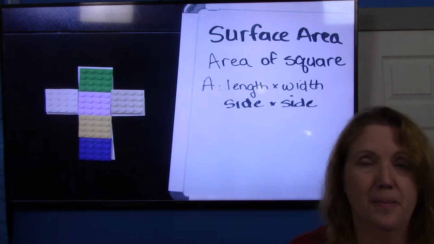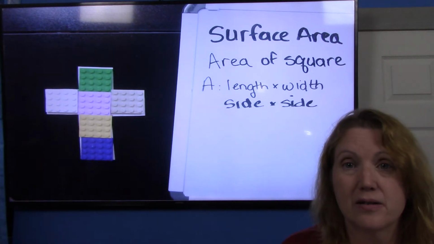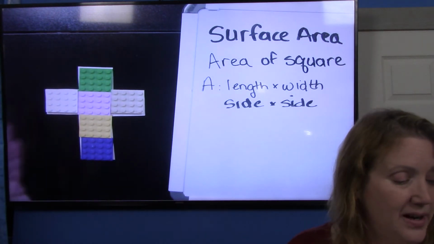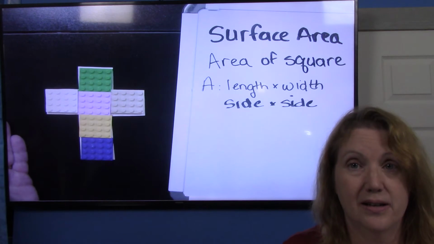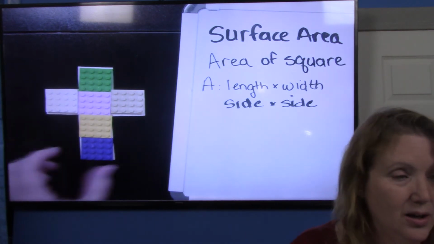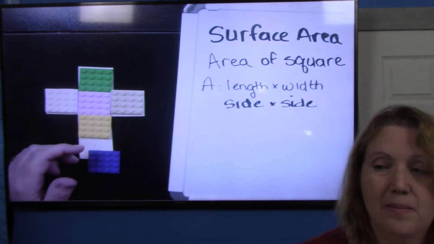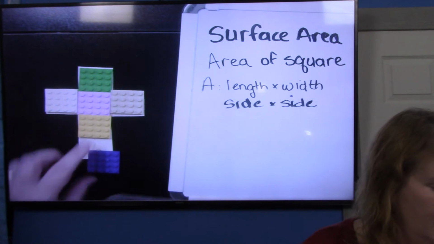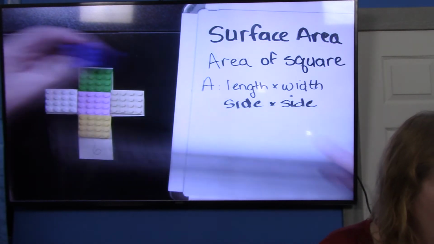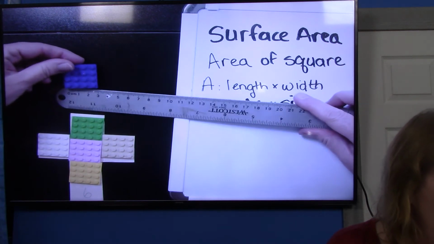So here we go. If I know the area of one of these squares, then I could find out how much my surface area is. So let's take a look at that. When I take a look at one of the squares and I bring my ruler over to measure it, I'm going to see that one side of the square is about 3 centimeters.